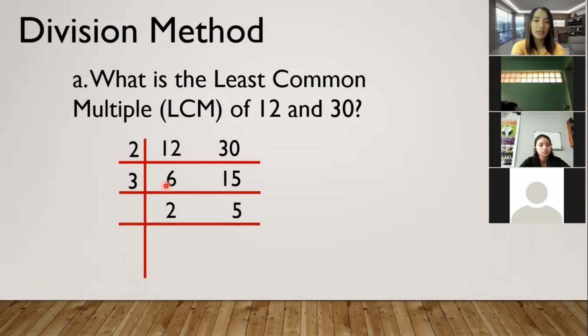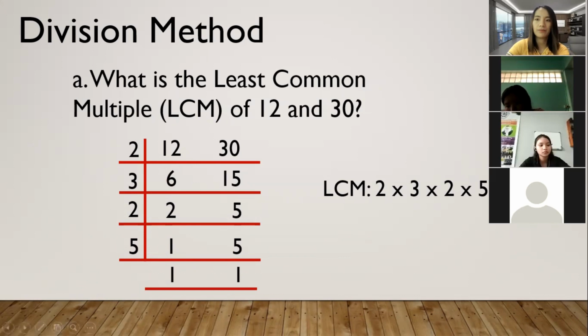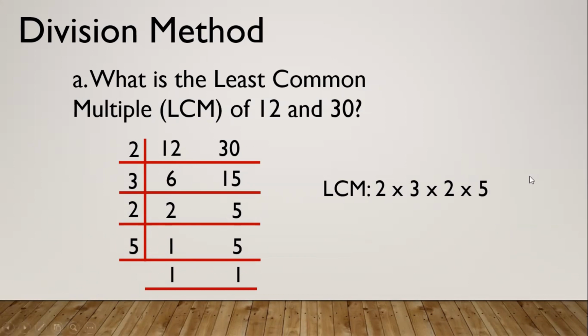Okay, so next, can we still divide this one? No. So we will write the answer as 2 times 3 times 2 times 5. The answer is 60. So these are the 3 methods.